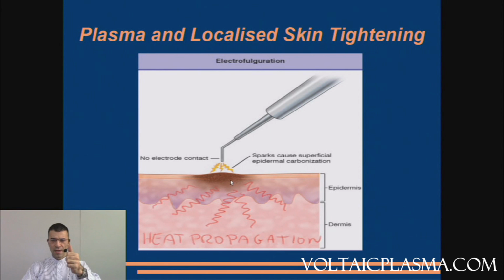But that particular one is proportional to 2 factors. Once again, the duration of that arc: the longer the duration, the more the heat is propagated inside the skin. The higher the power level, the more the heat is propagated inside the skin.